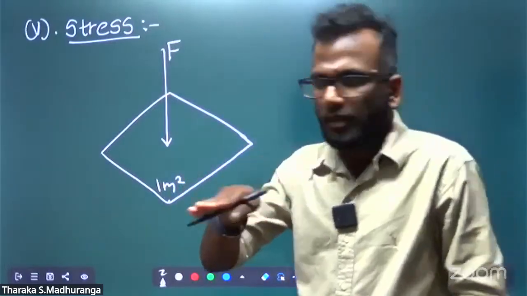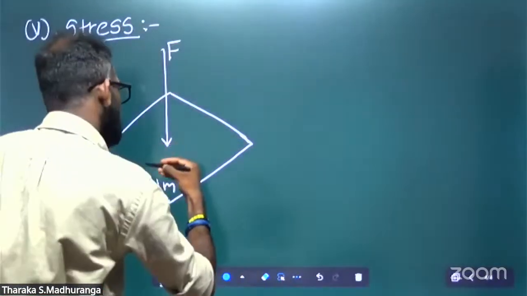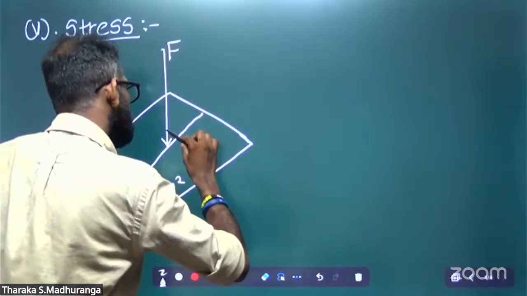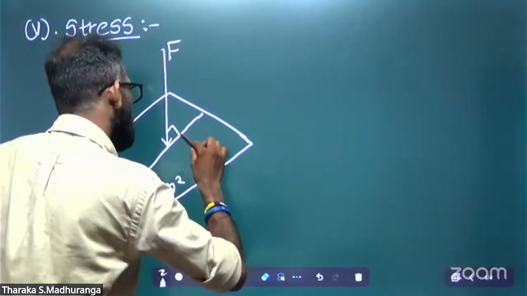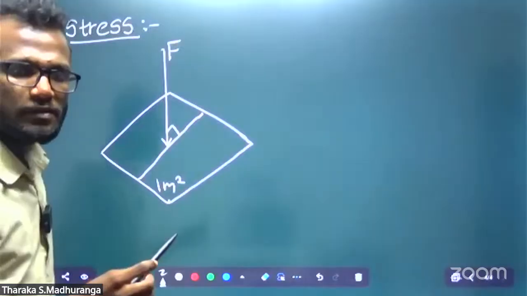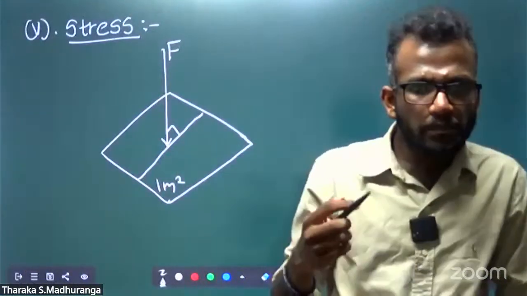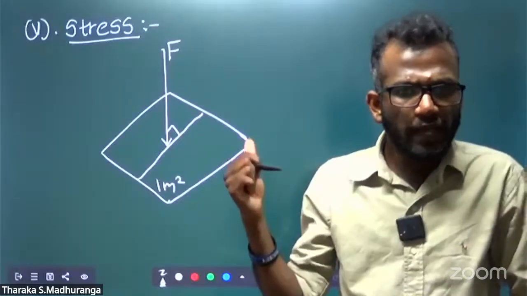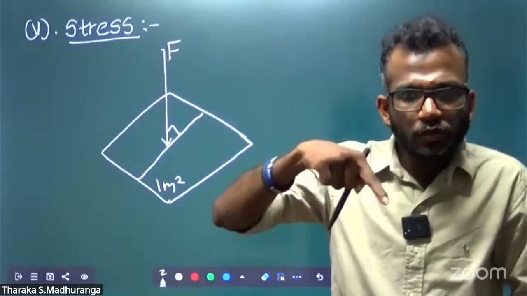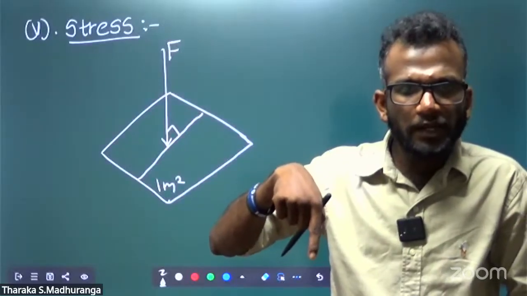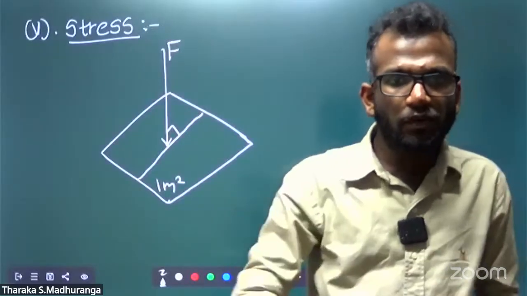Perpendicular means, think this is the surface, and the surface and force must have a 90-degree angle. Then according to your O-level knowledge, what is the name for the perpendicular force acting on a unit area?